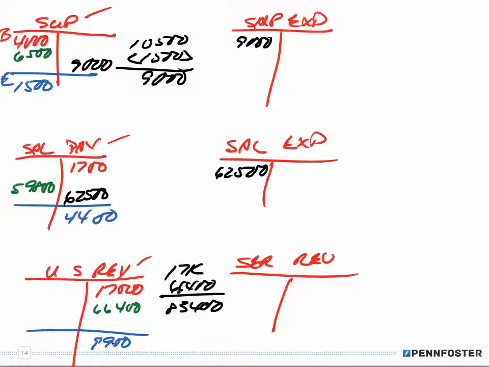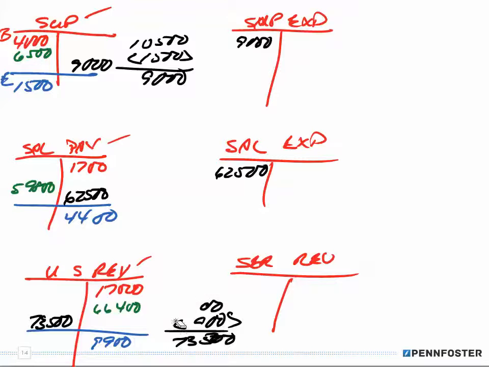Since I have to get back to 9,900, I subtract the 9,900, which gives me 73,500. So I have a $73,500 debit, which means I end up crediting the service revenue for 73,500. All right. So for this problem, it's a matter of knowing what my beginning balance is.